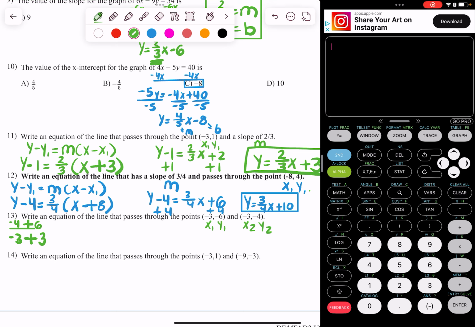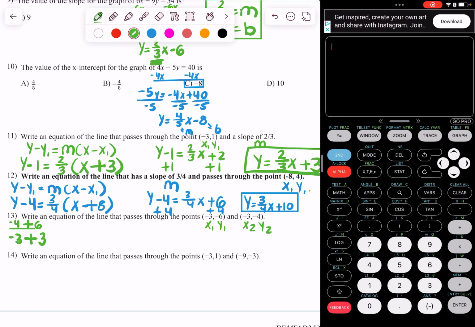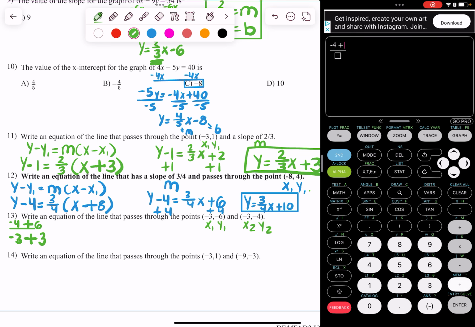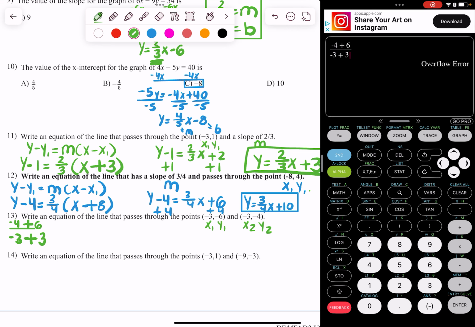And here, let's try this. Negative 4 plus 6 over negative 3 plus 3. That gives us, it's called undefined. It doesn't work.